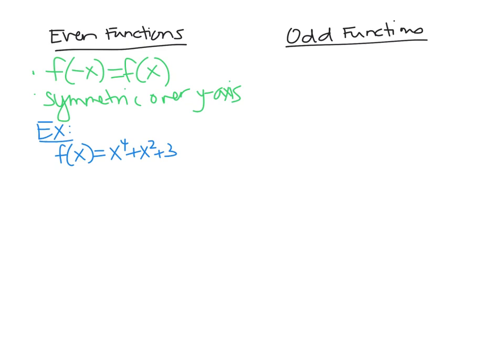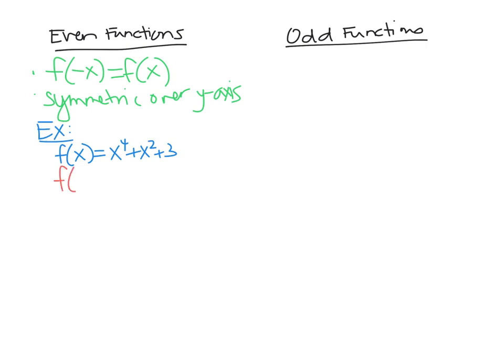So the first example of an even function is f of x equals x to the fourth plus x squared plus 3. You'll actually notice for even functions, by the way, if it's a polynomial, all of the exponents are going to be even. You can kind of think of the 3 as being times x to the 0th, so the exponent of that would be 0.